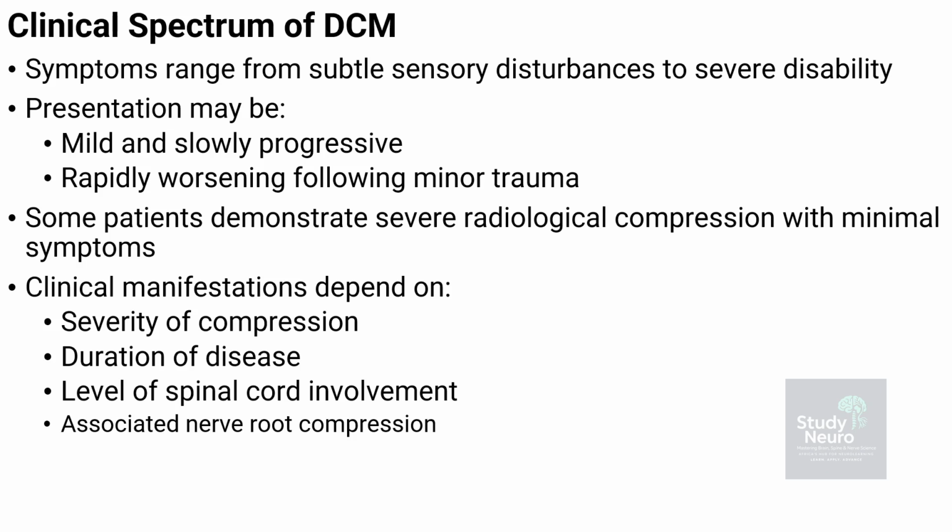Some patients experience slow, steady progression, while others may deteriorate rapidly after relatively minor trauma. In certain cases, imaging may show marked spinal cord compression with only minimal symptoms, creating a mismatch between radiological findings and clinical presentation that can complicate assessment. Careful clinical correlation is always required.